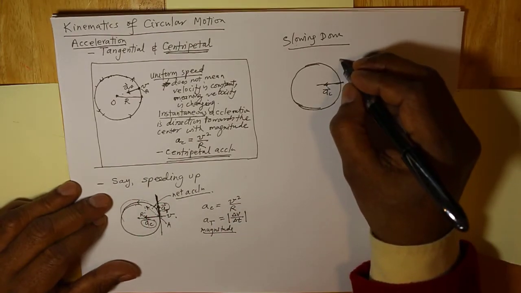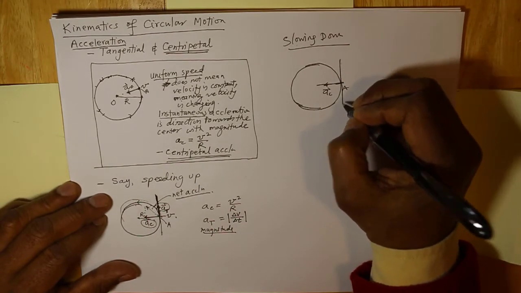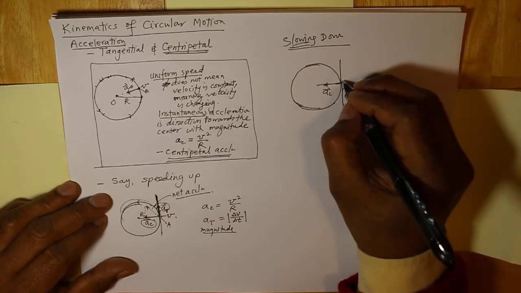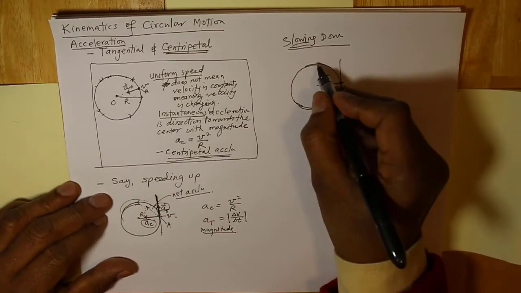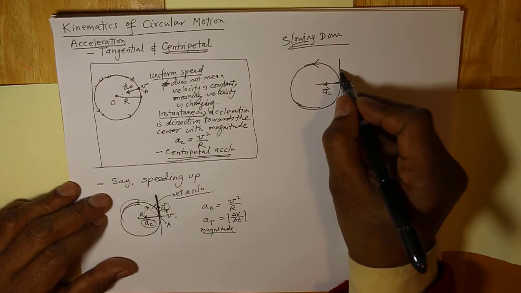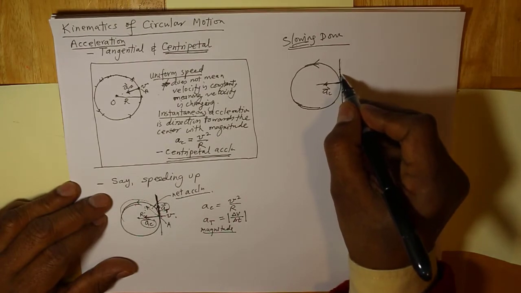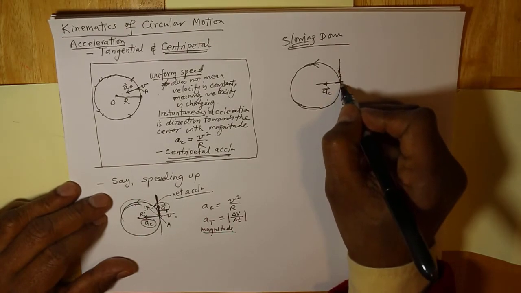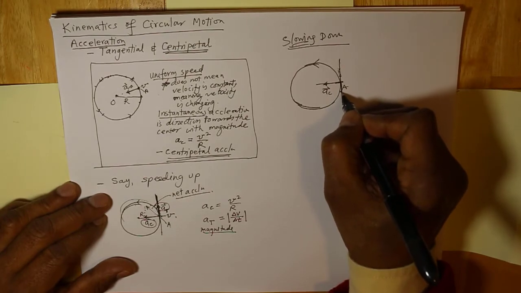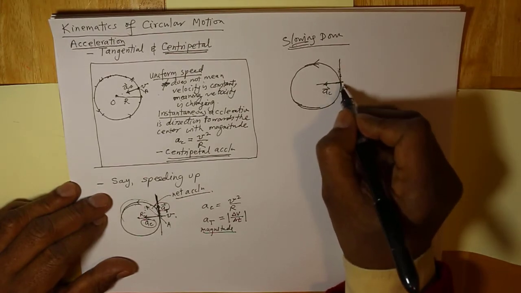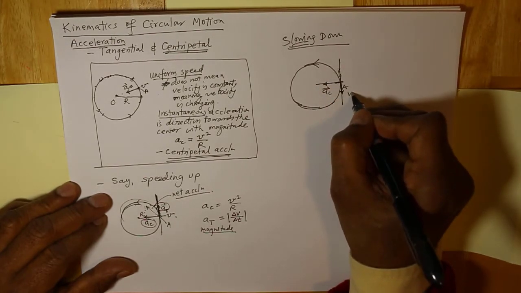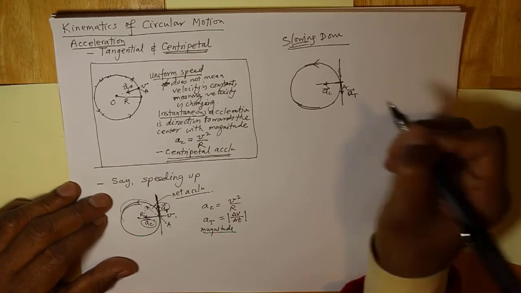Now A sub t will always be tangential, but it's slowing down, meaning if the velocity vector is pointed that way, it's getting smaller with time, which means the tangential acceleration is opposite to the direction of the velocity. So this is the acceleration.